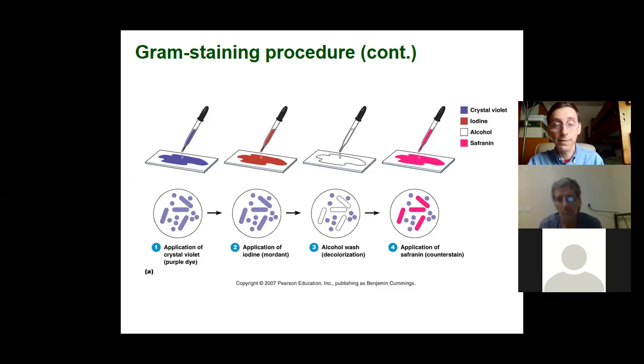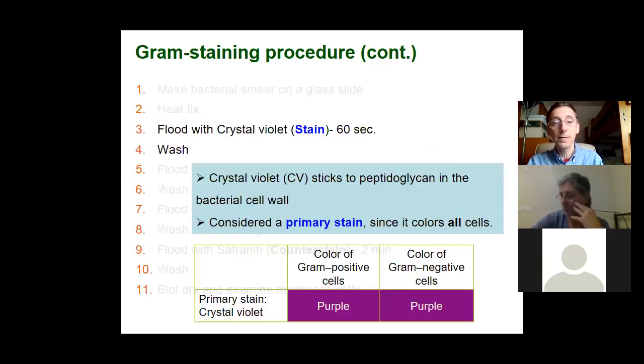And that's why this is a differential stain. You get two different types of cells, one that'll stain purplish and one that'll stain pinkish. All right, any questions about that? If not, let's go into the gram staining procedure in greater detail.